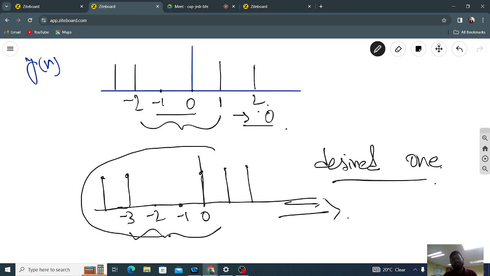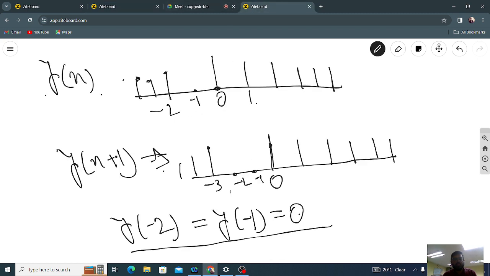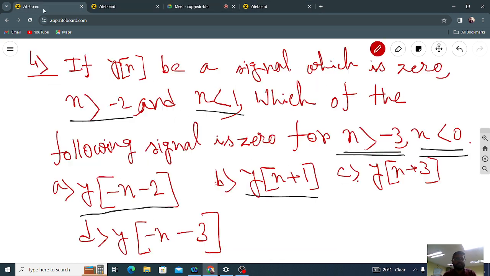Similarly, the desired signal is also 0 for y of minus 2 and y of minus 1. So y of n plus 1 is the actual signal.